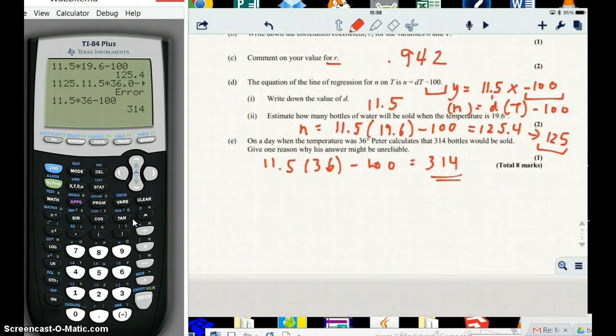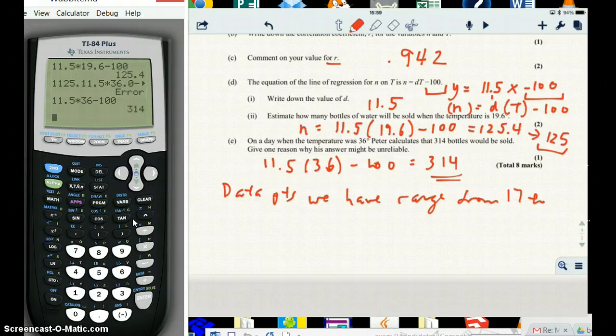That one reason why his answer might be unreliable is that the data points we have range from 17 to 21. 36 degrees is much higher than 21 degrees.